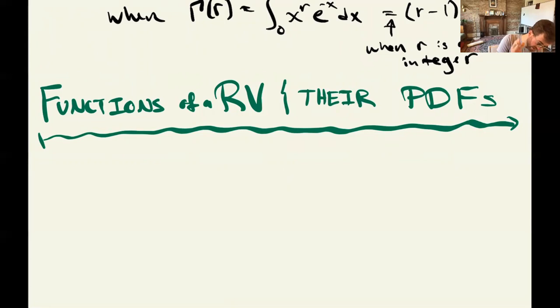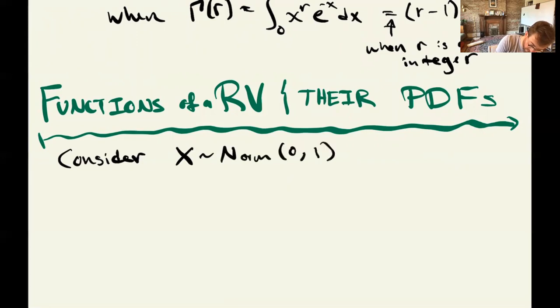Let's focus on this example and consider a different random variable, because we've been talking a lot about exponentials. Let's consider some random variable x that is a unit normal. So that means it looks like this guy right here.